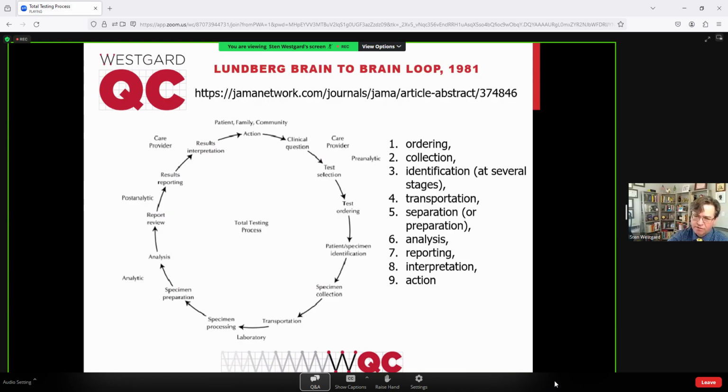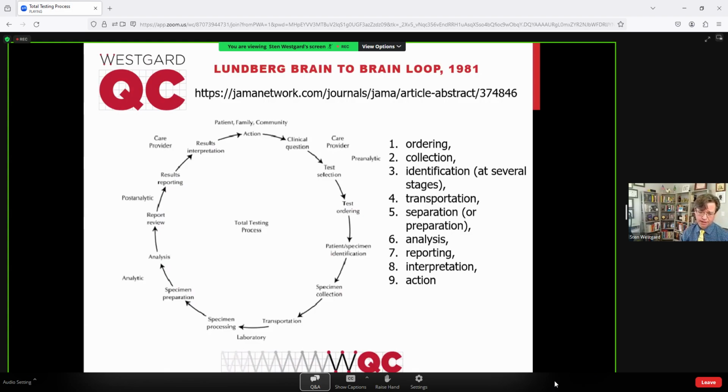Instead, this involves ordering and collection, identification, transportation, separation, analysis, reporting, interpretation, and action. Brain to brain.